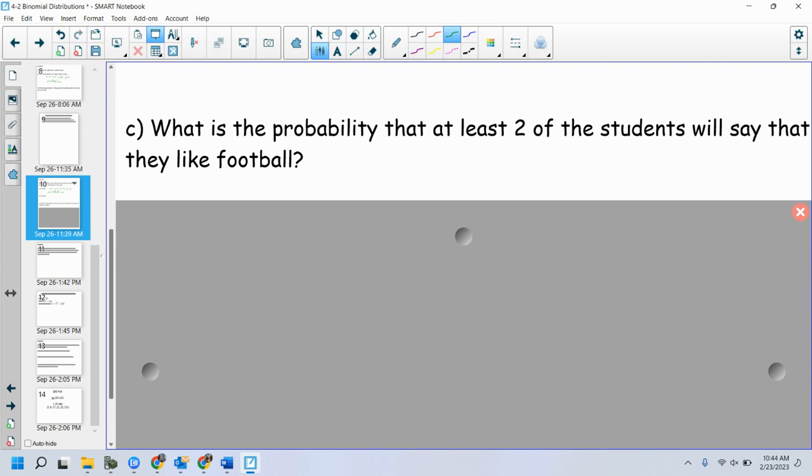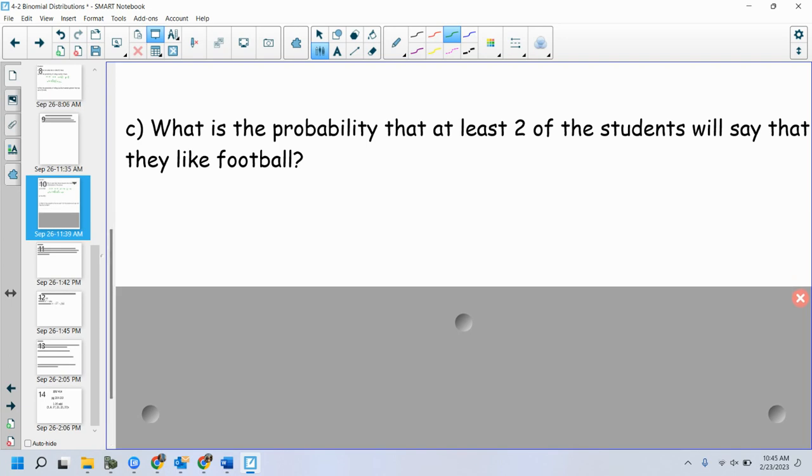Let's find this. What is the probability that at least 2 of the students will say that they like football? So now let's change it a little bit. Instead of exactly, let's find at least. Okay, so what do I want to find the probability of? I want to find the probability of 3 liking football, and 4, and 5, and 6, and 7, and 8, and 9, and 10, because I want to know at least 2.